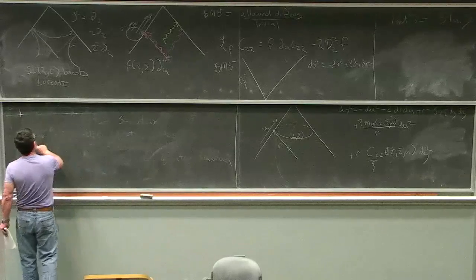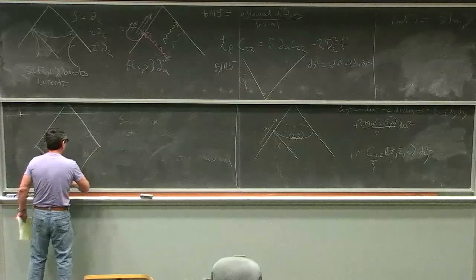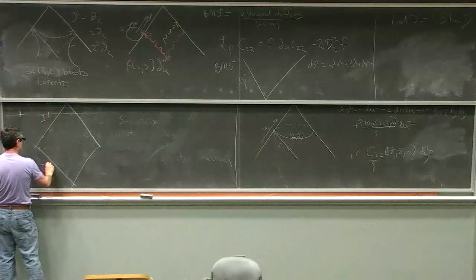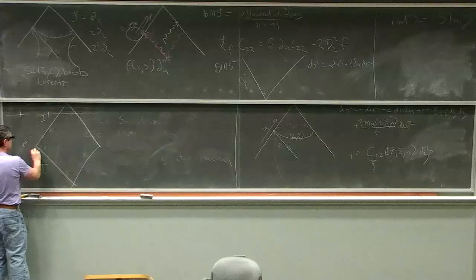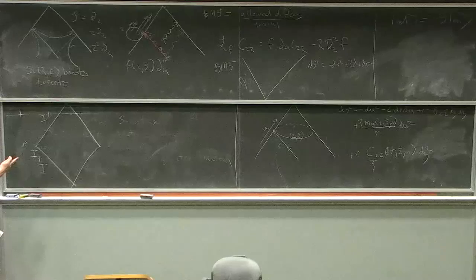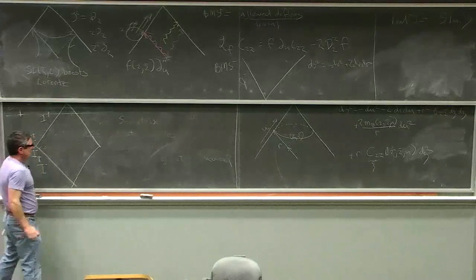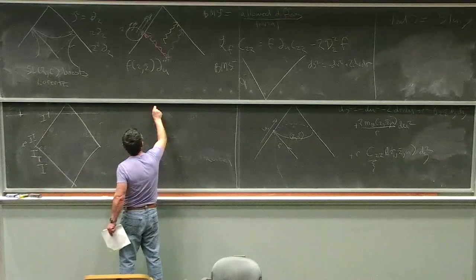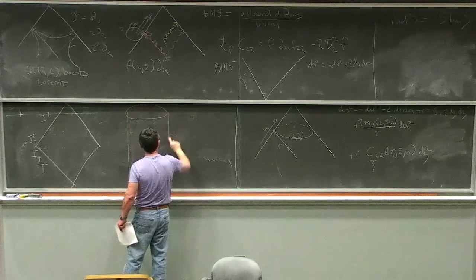So if you draw a Penrose diagram of Minkowski space, we have scri plus here, scri minus here, and then we have spatial infinity out here, and then we have something which is slightly different, which I call scri minus plus. It's the future sphere of scri minus and scri plus minus. Now, if you look at the conformal compactification of Minkowski space, we paste it onto the Einstein cylinder.